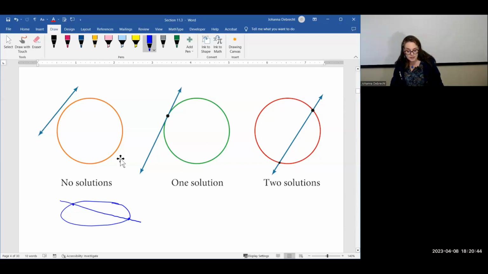And we'll see that the ellipse with the line or the circle with the line can be solved in various ways. We can do substitution. It's not usually possible to do addition elimination.